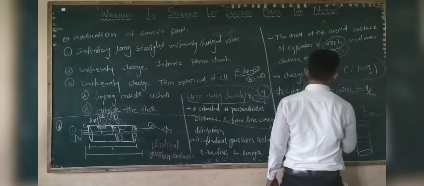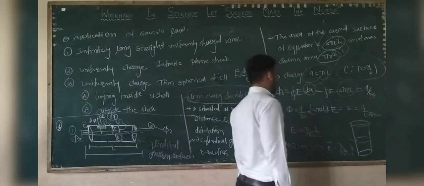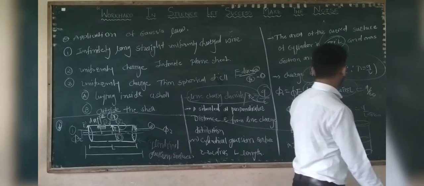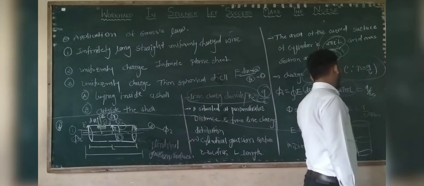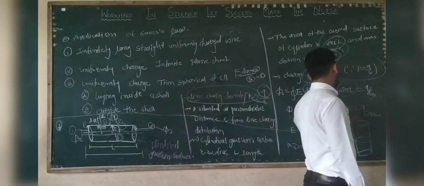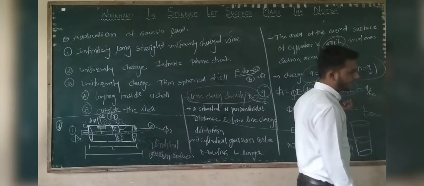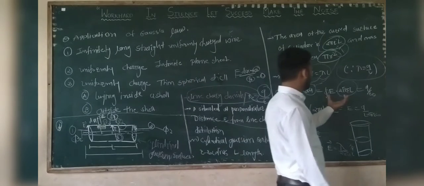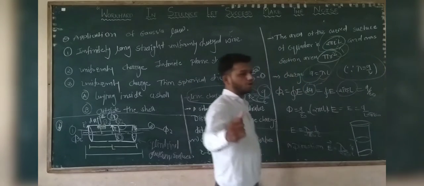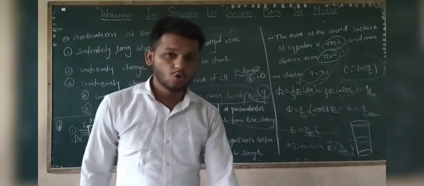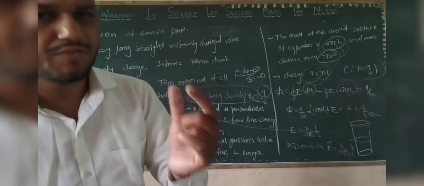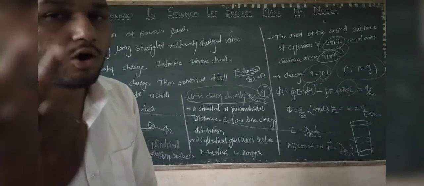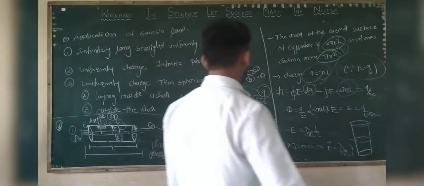So we put the value 2 pi rl in place of dA. So the closed integral of E into dA is equal to E times 2 pi rl. According to Gauss's law for a closed surface, the integral of E into dA is equal to Q upon epsilon 0. So we write Q upon epsilon 0.